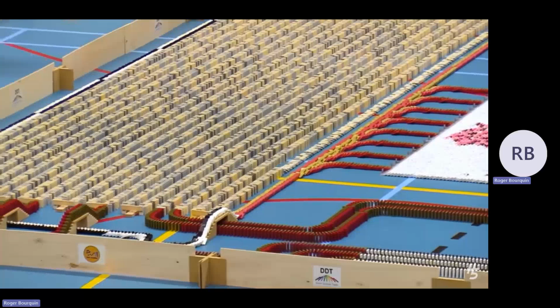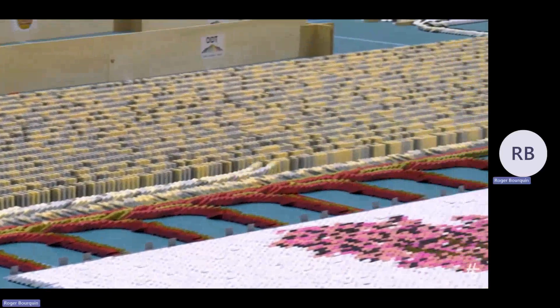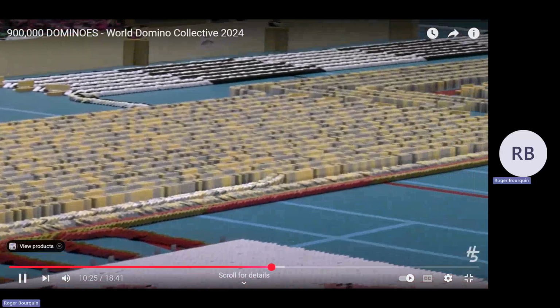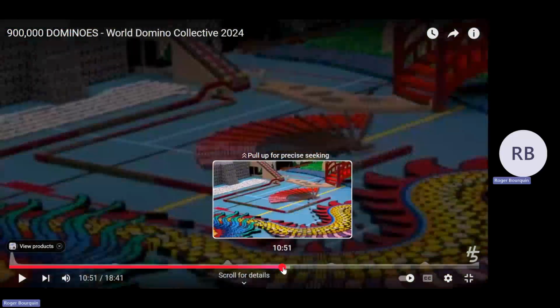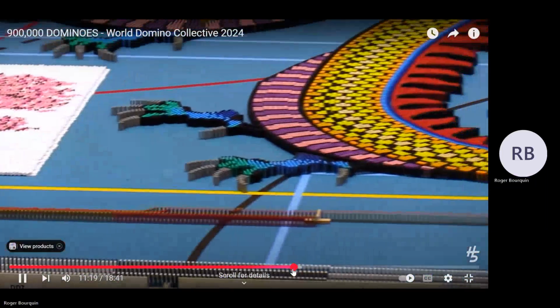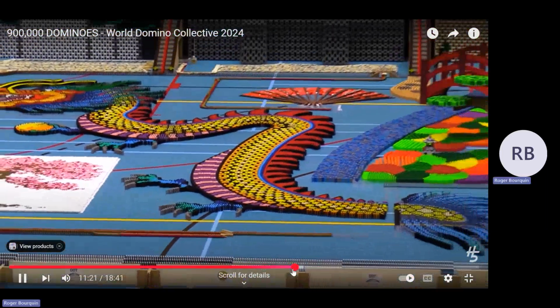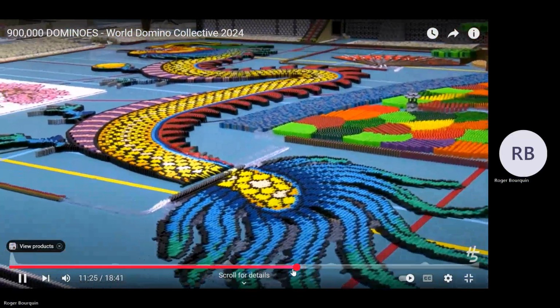We're gonna watch this thing go through all these rows. Oh my God, this guy is a... Wow.